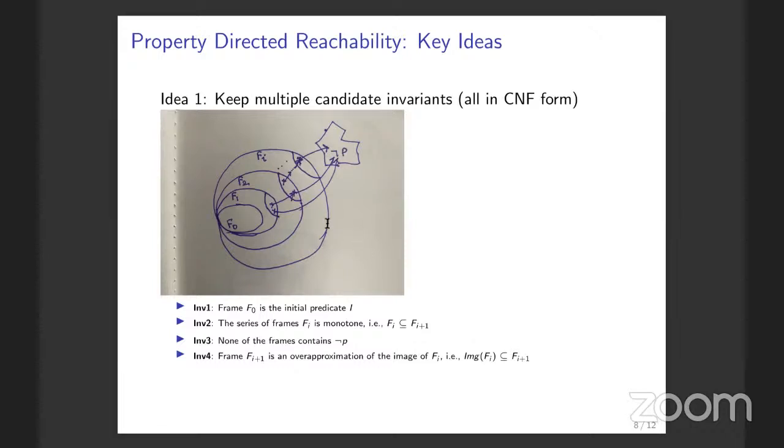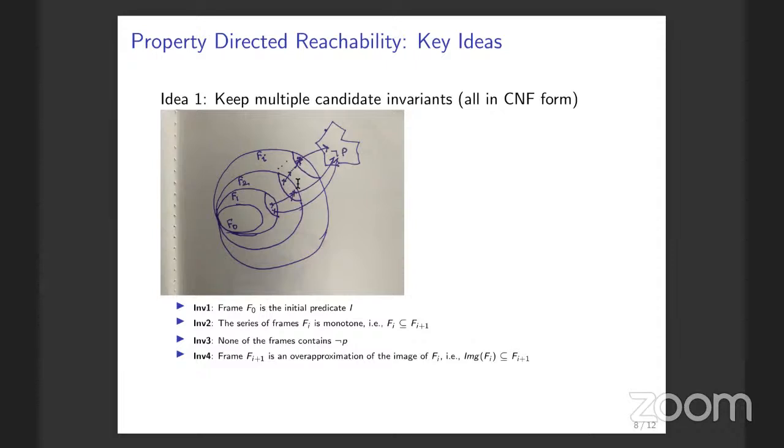The reason I say they are candidate invariants is that, although they all contain only P states, they may contain something until the algorithm really grows these frames incrementally, one by one, and discovers that one of the Fi may have become an actual invariant.